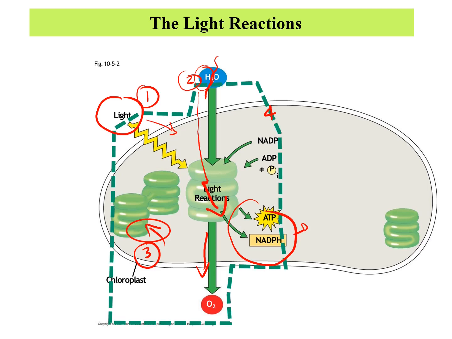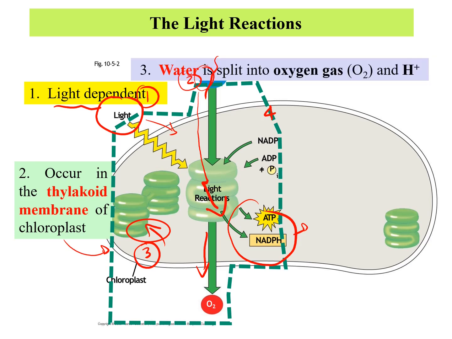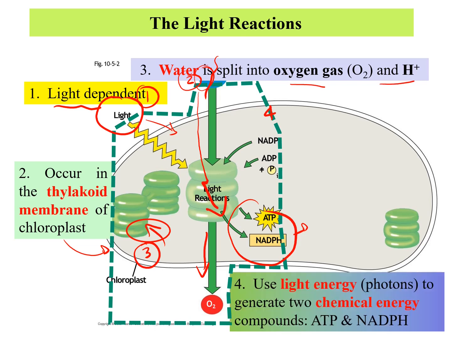So light reactions are all these processes that take place here. The first thing that I told you is that they are light dependent. Second, they occur in the chloroplast in the thylakoid membrane. Third, the water is split into oxygen and hydrogen. And the last thing that I told you is that the light energy of the photons generates two chemical energy compounds, ATP and NADPH.